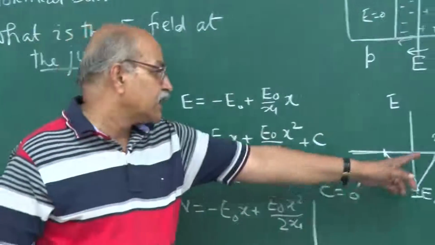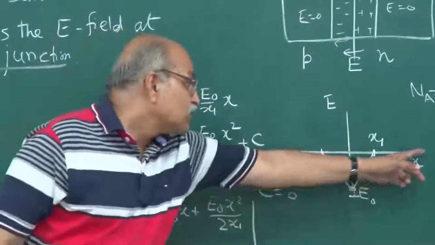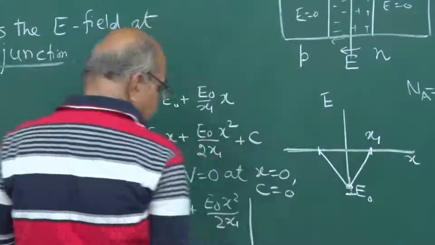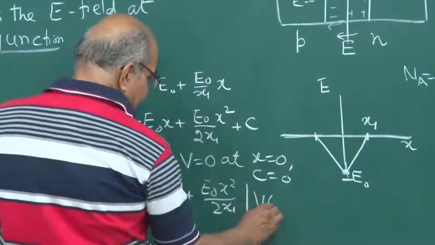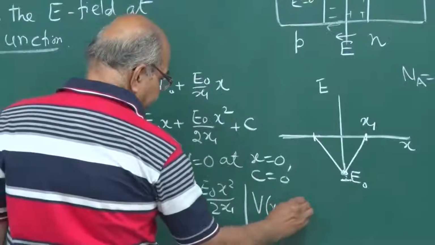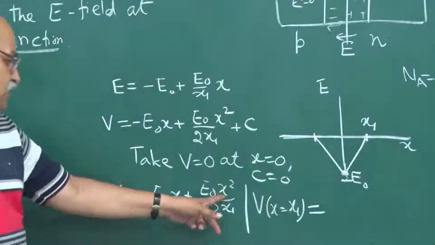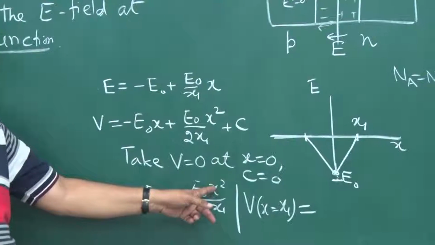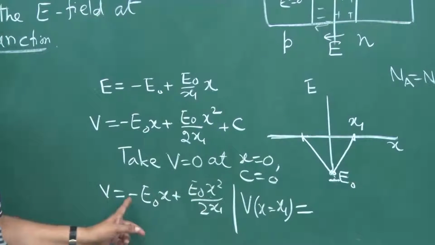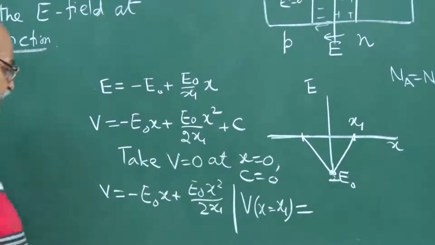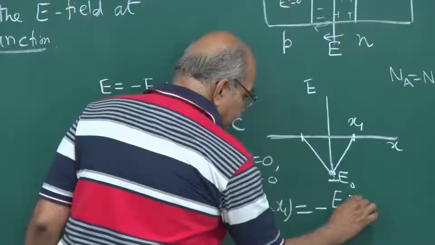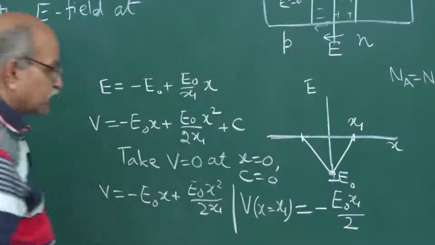What happens at x equal to x1 and beyond? Electric field is 0, so the potential will be constant. So V at x equal to x1 is E naught x1 by 2 minus E naught x1, so it is minus E naught x1 by 2. That's the potential.